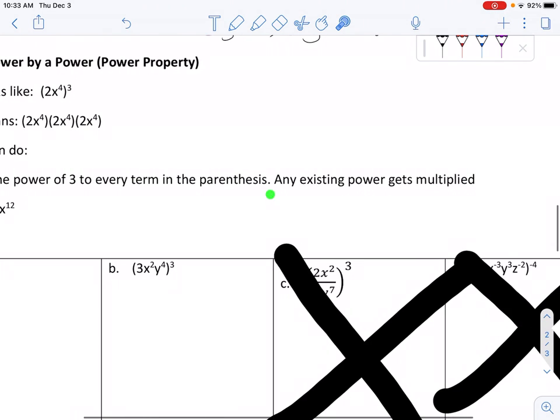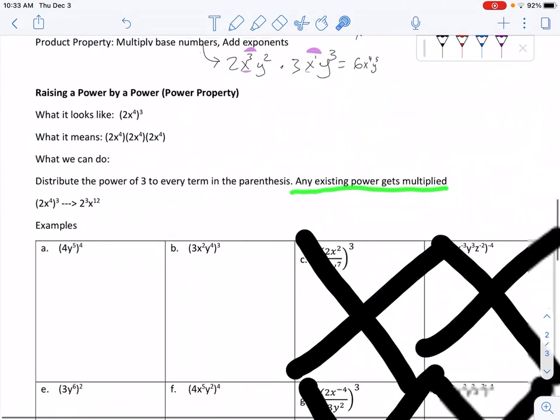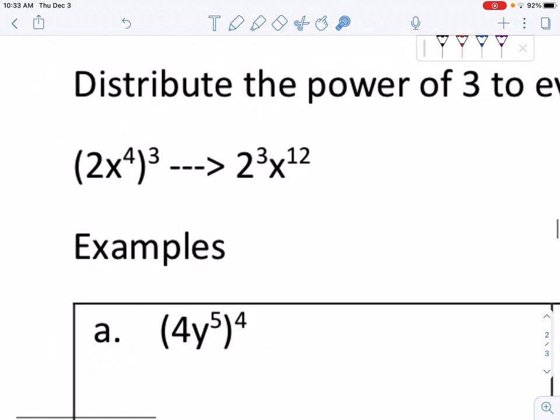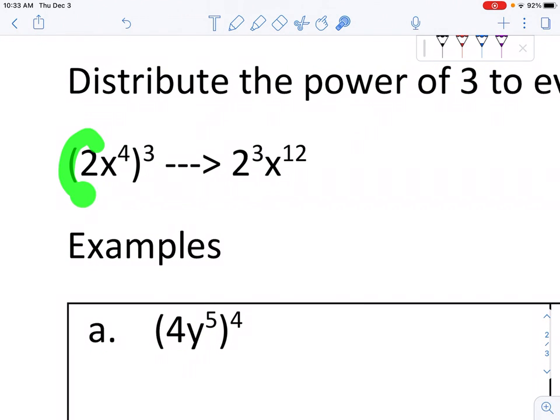And any existing power gets multiplied. So if I'm given this problem here, I'm going to take this 3 and give it to the 2 to the third. I'm going to take this 3 and give it to x to the fourth. And I'm going to multiply my little numbers. So 4 times 3 is 12.